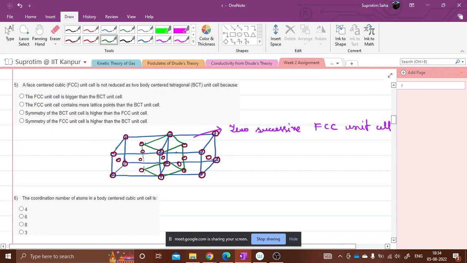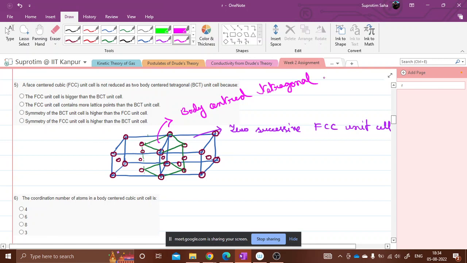So this is a body-centered tetragonal. This is shorter than this. For body-centered tetragonal, there is an atom that sits at the center of the body, and A and B are equal and C is different from A and B. So this is your body-centered tetragonal.